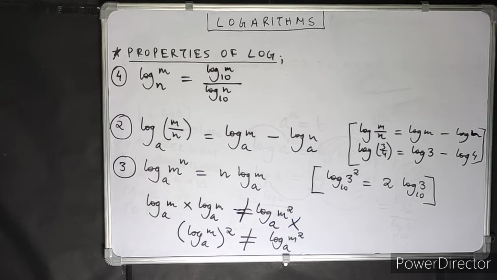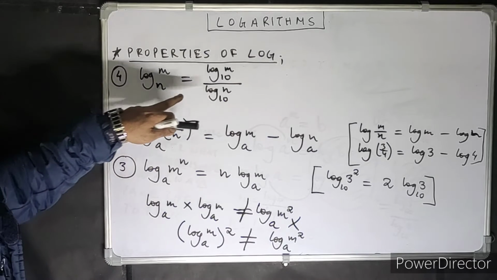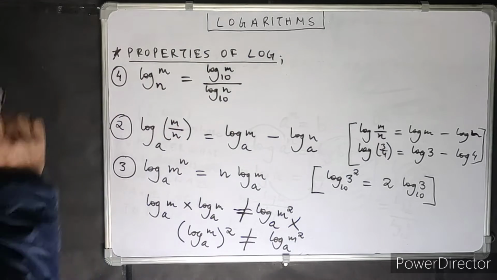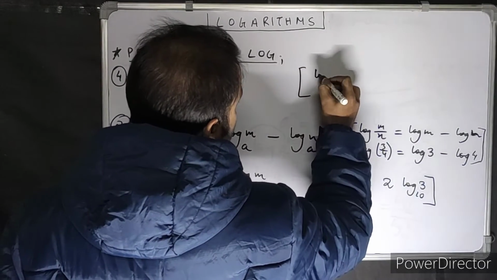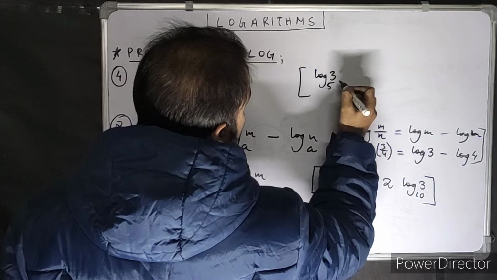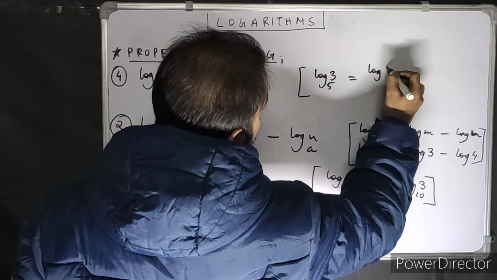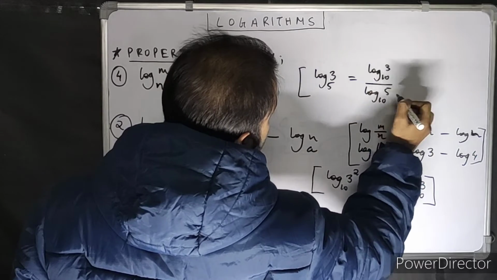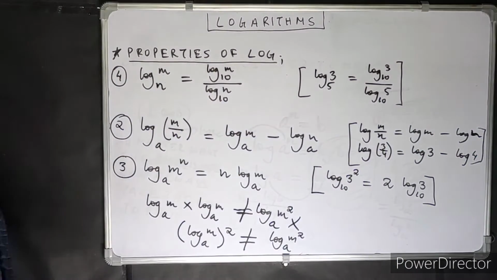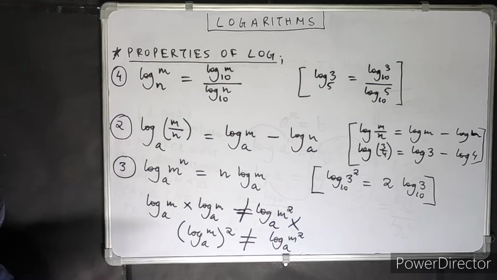I just showed you. Log m base n can be written as log m base 10 divided by log n base 10. Suppose you have, say, log 3 base 5. This can be written as log 3 base 10 divided by log 5 base 10. If you have something like that, you can write it that way.